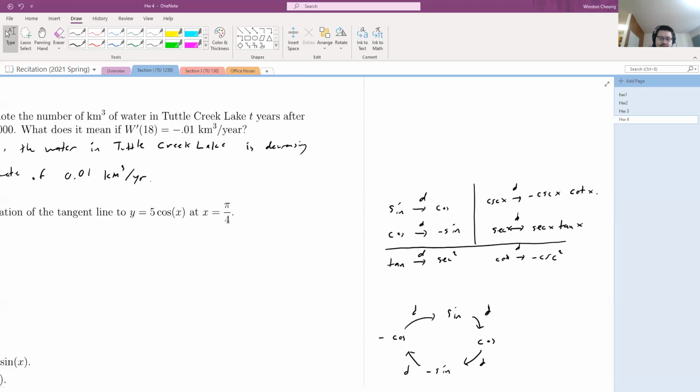I'll preempt this. We're learning derivatives now. Halfway through the course, we will start to learn integrals, where basically you're going to be asked to go the other way around. You're given the derivative, and you want to find what thing will give you that as a derivative.